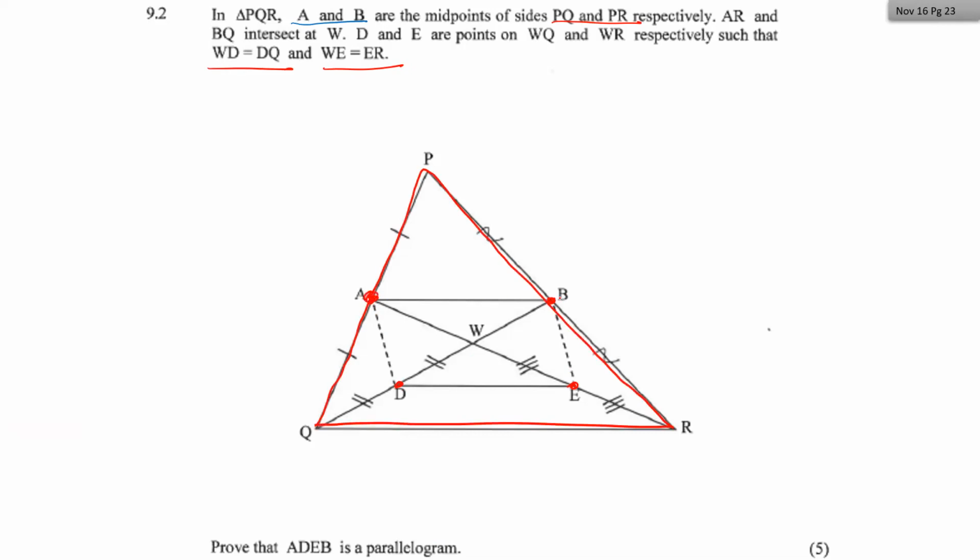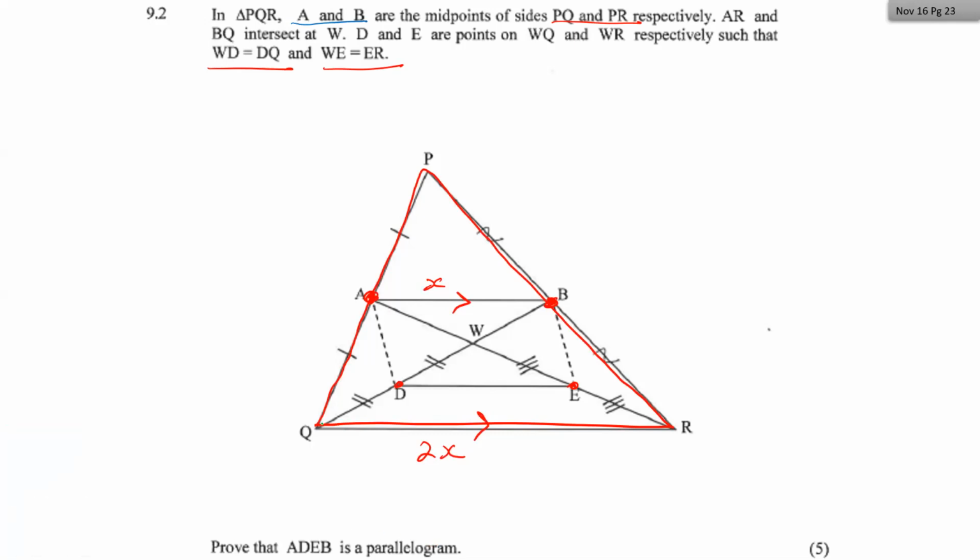If A and B are midpoints, that is the midpoint theorem. It basically means AB will be parallel to QR, and if AB was x, it means that QR will be 2x. So that is your midpoint theorem coming out.